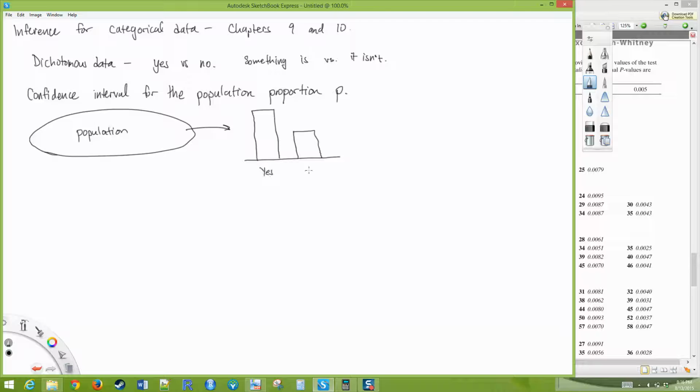Yes versus no. Are you female? Yes versus no. Do you have this trait? Whatever it might be. This is what we have, and we want to know what percentage is in the population. What is the population proportion P?